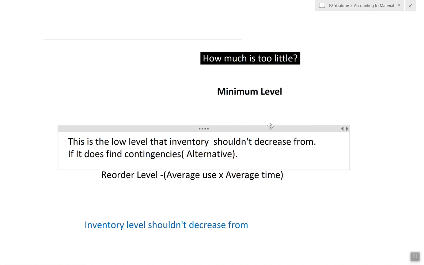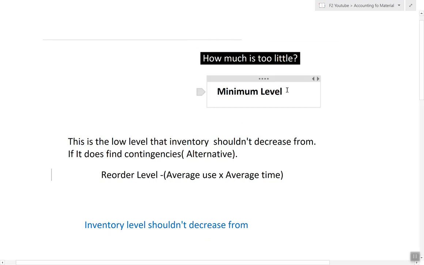So before it becomes 0, we should have an alternative. So if it decreases below this minimum level, we will find contingencies. Maybe another supplier, a local supplier charging a higher price, but because stockout cost has a huge effect on our goodwill, we would usually arrange with an alternative supplier.